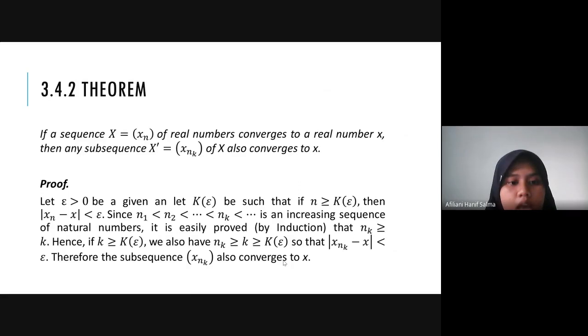Hence, if k >= K(epsilon), we also have n_k >= k >= K(epsilon), so that |x_{n_k} - x| < epsilon. Therefore, the subsequence X' also converges to x.